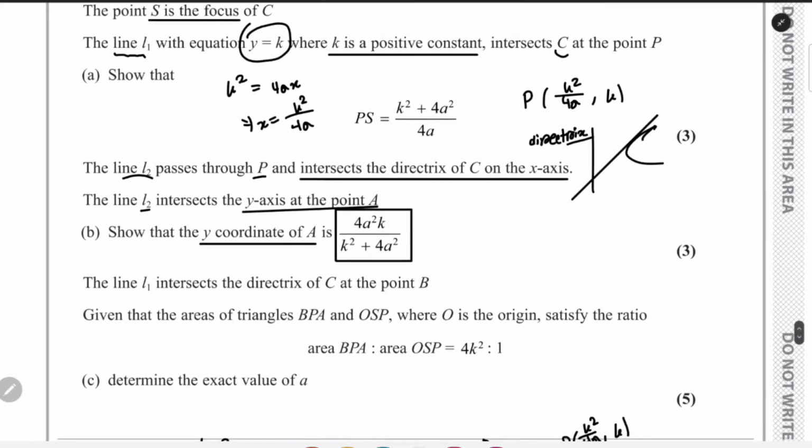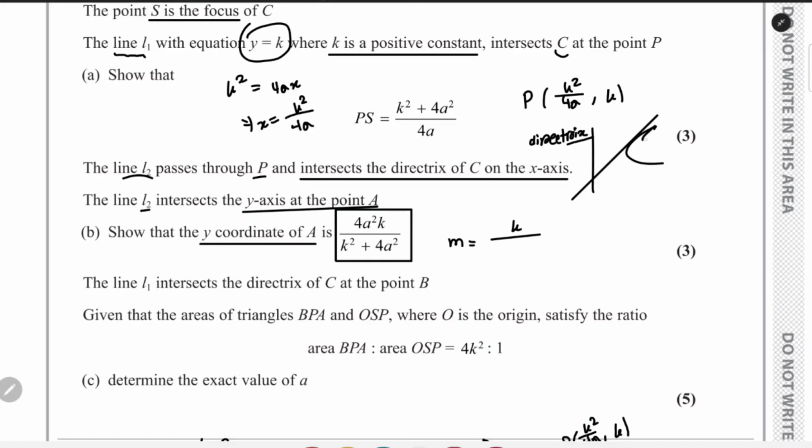Now the gradient will be the change in y value divided by the change in x value. The change in y value will be k. The change in x value will be equal to PS.